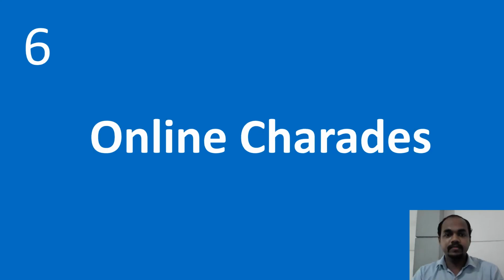And the sixth game in the list is what we call online charade. Here, the facilitator may share a word with one person in the group in private chat, and the person has to act out the word without making any noise, only by actions. Everyone can give their guesses in public chat.